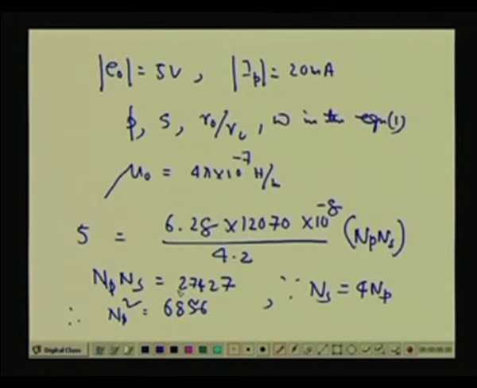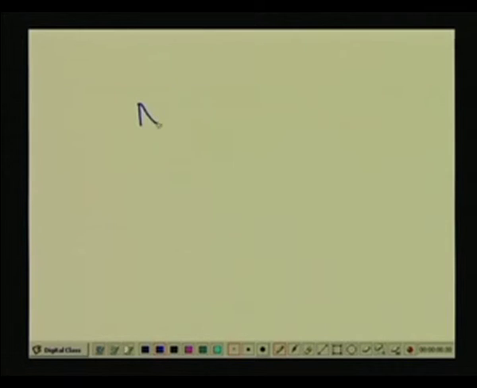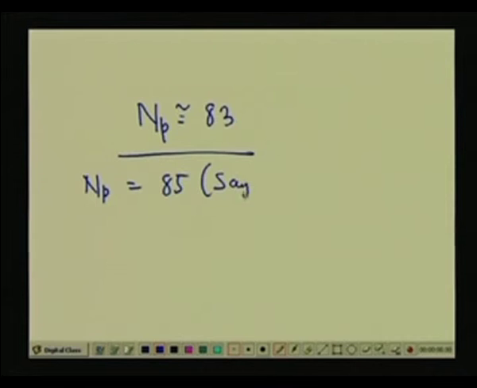So NP is almost equal to 83. We take NP equal to 85, say, and NS we have taken equal to 4 times, that is 340.